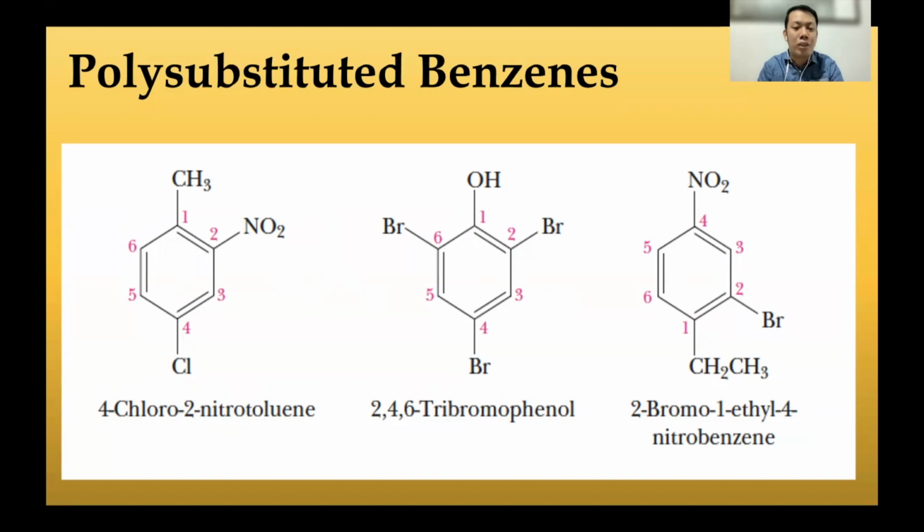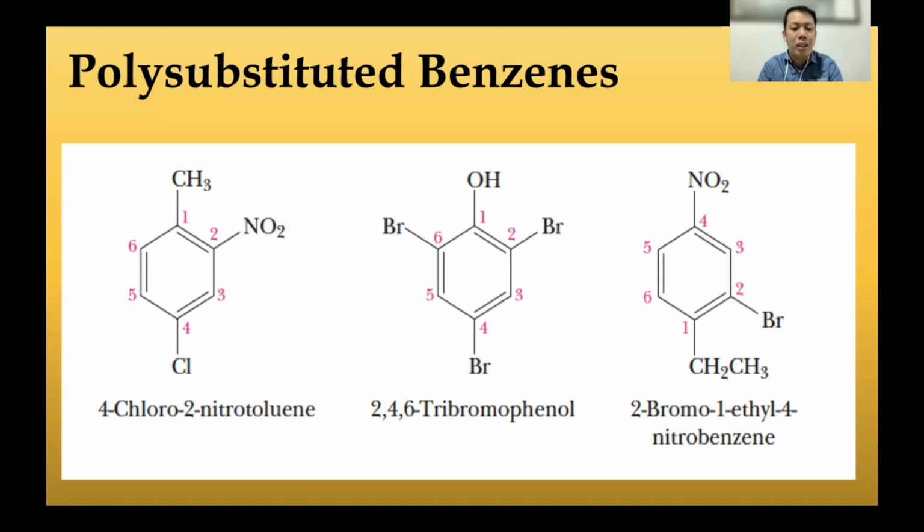So how do we count or how do we name? For example, you have here on the left side, it is a toluene because there is methyl on top. So you have to count closer to those that are attached. In this case, we have a nitro, an amino, and then chlorine.